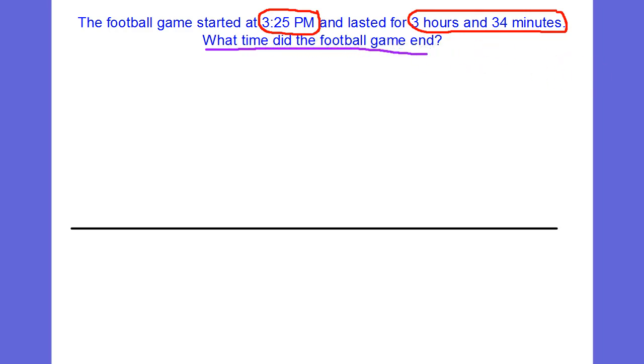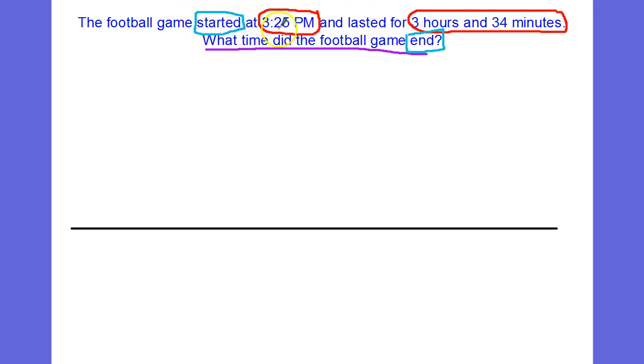I'm going to box in my keywords, end. So I'm looking for my end time. That's pretty much all you need to know, is that you're looking for the end time. And you have your start time up here.